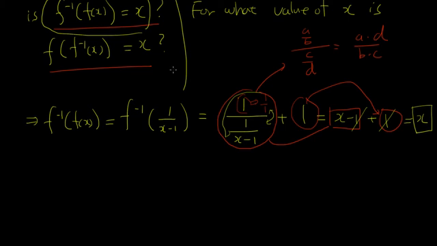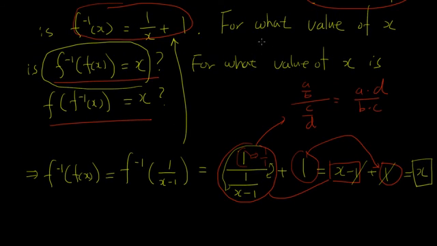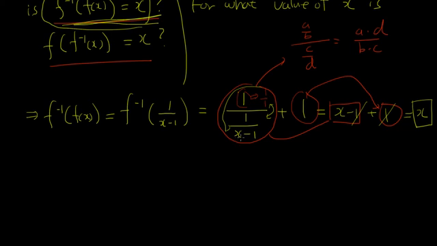But we need to also figure out for what value of x this is the case. Why would they ask this question? What do you mean by for what value? They're asking, is there any x value that might give us a problem? That's what they're asking, right? You can see right here, the problem point right there. We don't want the denominator to go to 0 at any part.